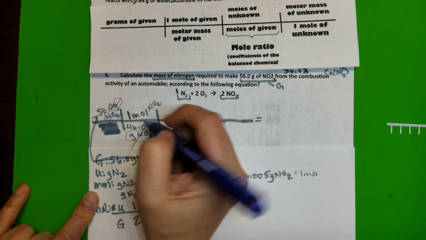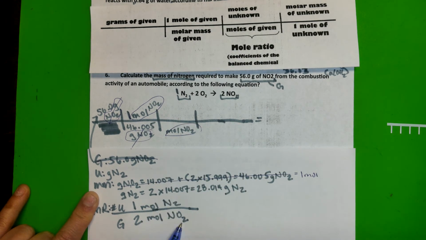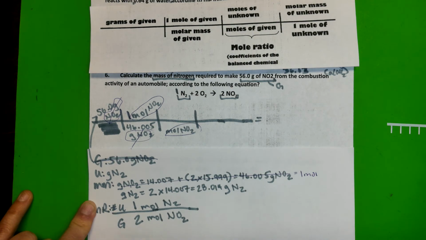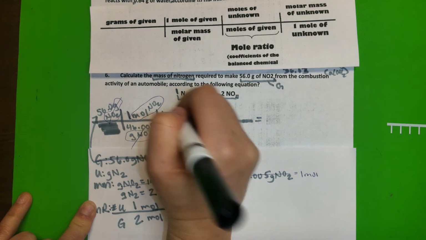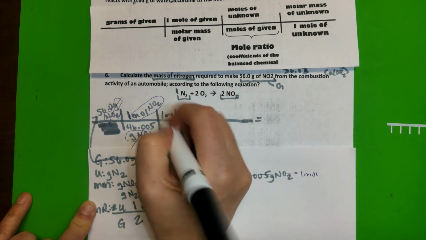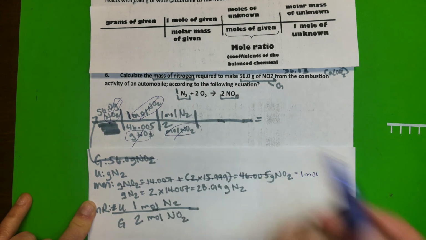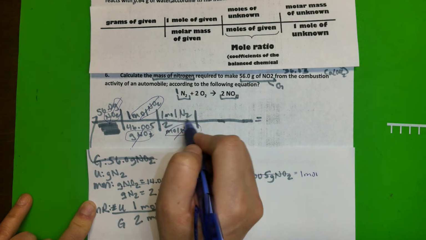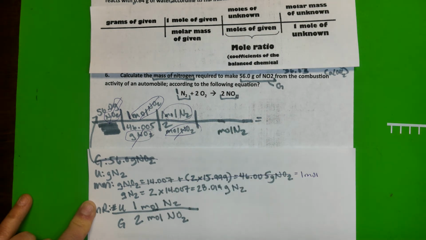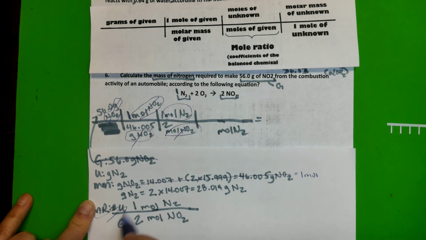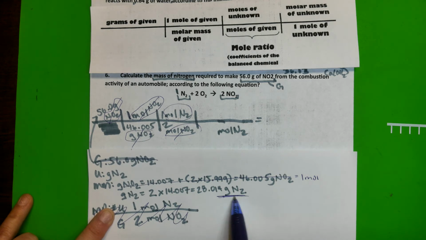You see how this was in the bottom, moles of NO2? That means the mole ratio, just the way it looks, you put it in here. So it will be 1 mole of N2 and then 2 moles of NO2. So this is canceled. Now this is moles of N2.